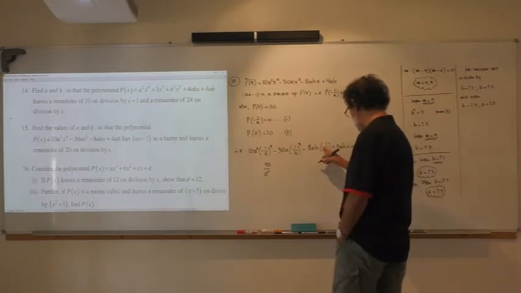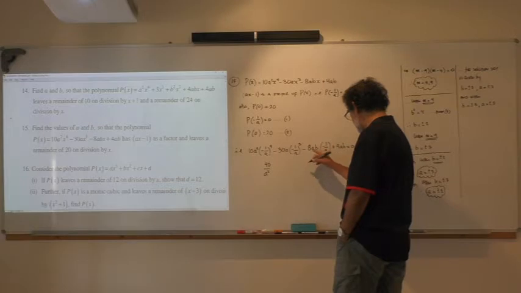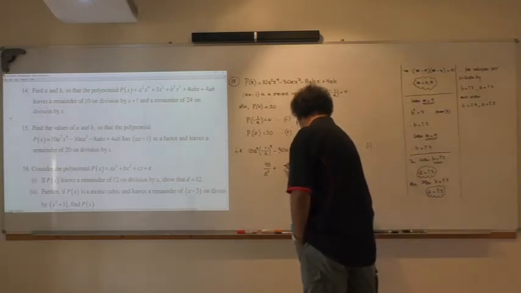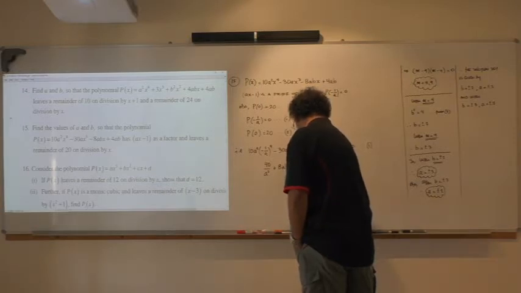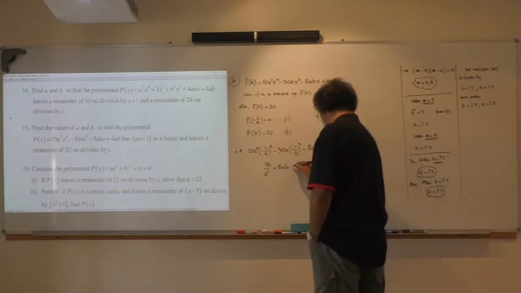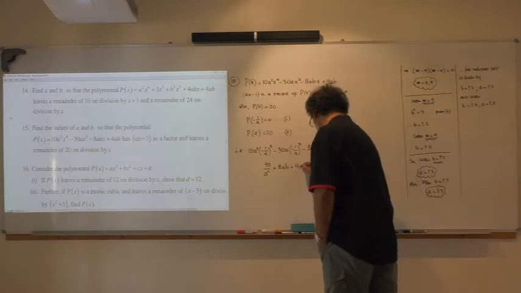Then we move to the other one. In here the a cancels out, and negative becomes positive, so we're going to have plus 8ab, and then plus 4ab, that is equal to 0.